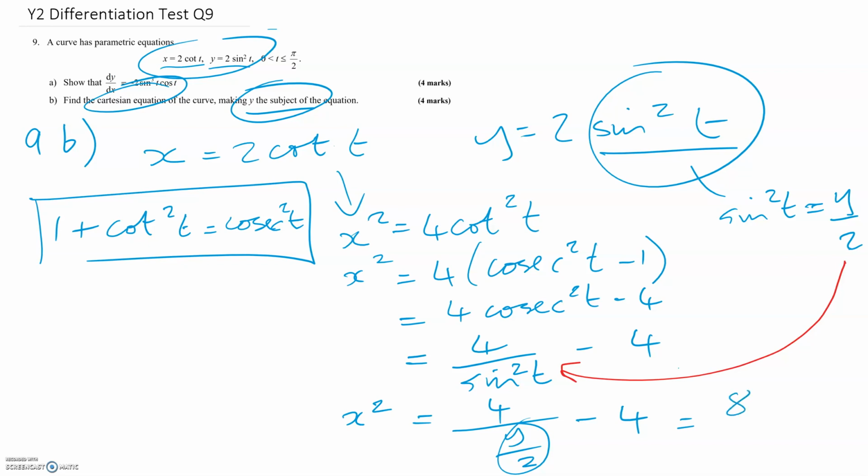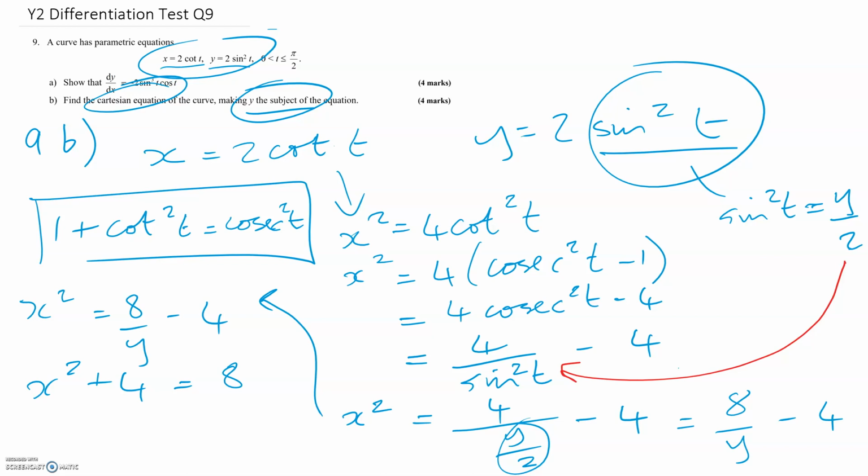So x squared equals 8 over y minus 4, and so x squared plus 4 equals 8 over y, and then we can just cross multiply: multiply both sides by y, divide both sides by x squared plus 4, and we will get y equals 8 over x squared plus 4, which is the final answer.